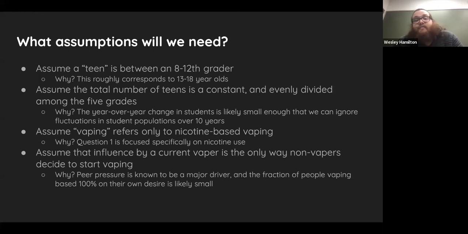So, sure, maybe someone sees an ad for some vaping product, and they're like, oh, that seems super cool, I'm going to try it. Sure, that can happen. This assumption is saying, maybe it doesn't happen nearly enough or on the scale of the population that we care about to really impact the results from our model. Okay, and that's totally fine. That's an assumption that we're making about our model, and so we're going to run with it. That's how we're deciding to quantify things.